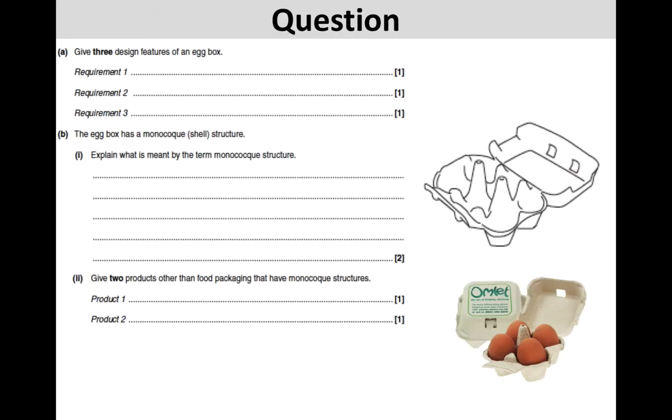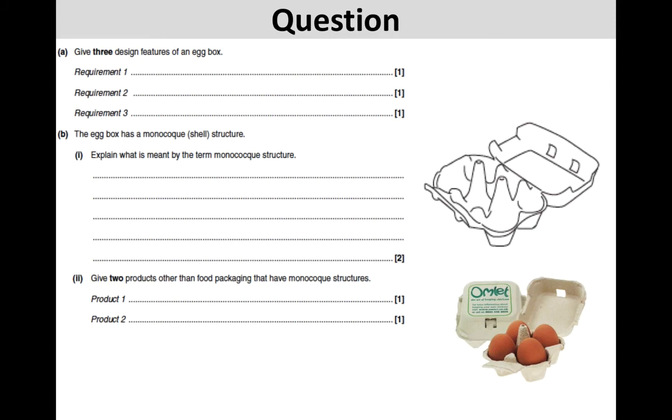So you've got a question in your question booklets to try now. Again, it starts off with the design feature type question, just to get that into your heads, because you always need to practice them. So 3 features of an egg box. What does an egg box have to do? Obviously it's got to protect the eggs. So I'll give you that one for free. Now the egg box is what we call a monocoque shell structure.